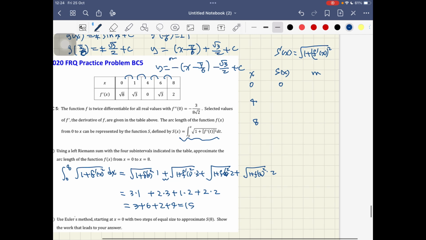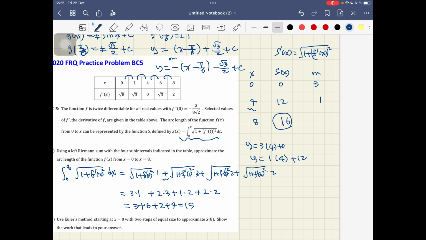When we put in 0, it's the square root of 9, which is 3. So y is 3 times the step size, which is 4, plus 0, so this is 12. And in this case, when x equals 4, f prime is 0, so the slope is 1. So y is 1 times 4 plus 12, which makes 16. Therefore, S of 8 seems to be 16.